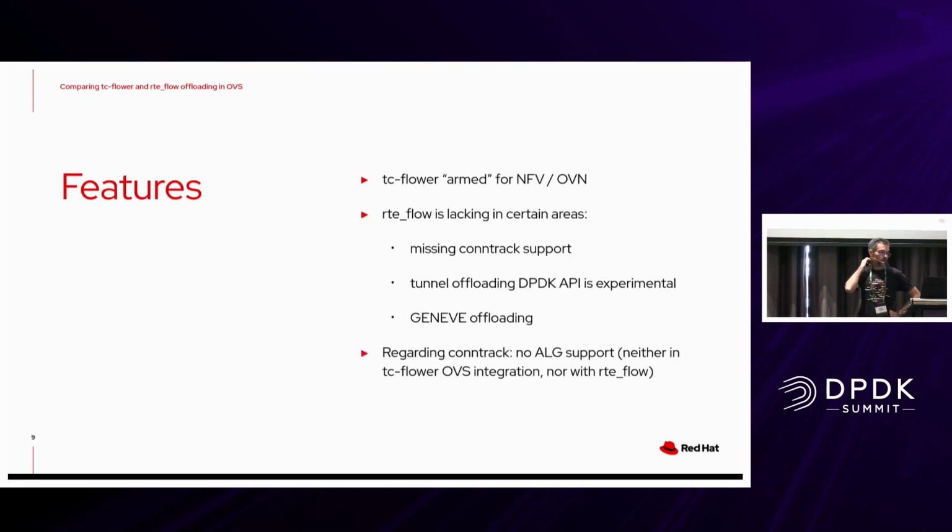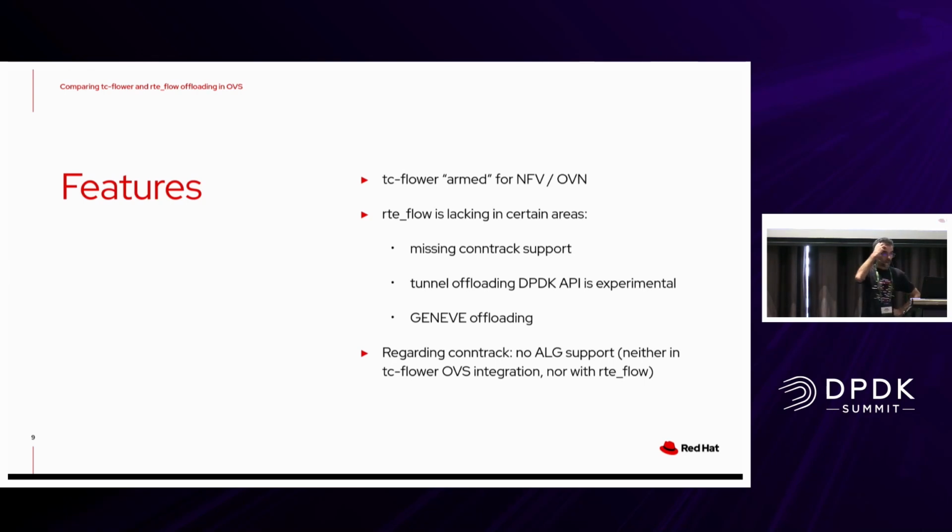In terms of features, TC-Flower was designed and written with VNF and OVN in mind. So we have tunnel offloading for OVN, we have conntrack support, and a few other actions that are offloaded to the NIC, because that's what is used in this software.